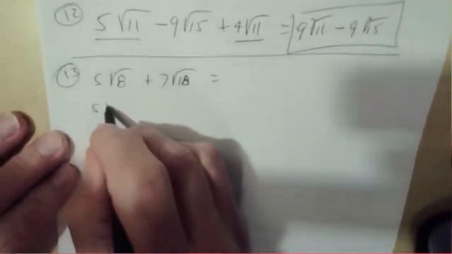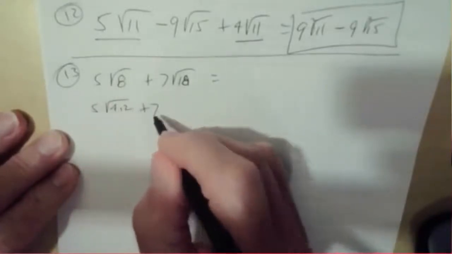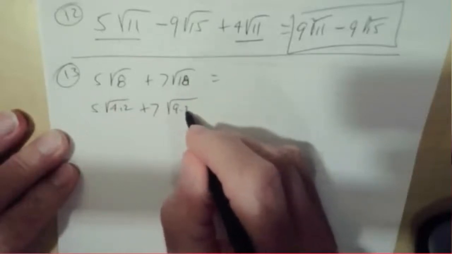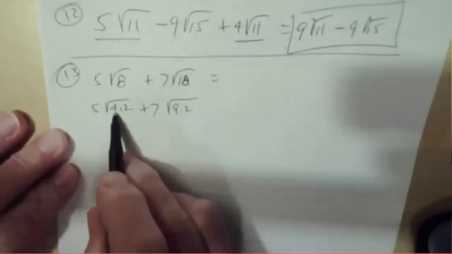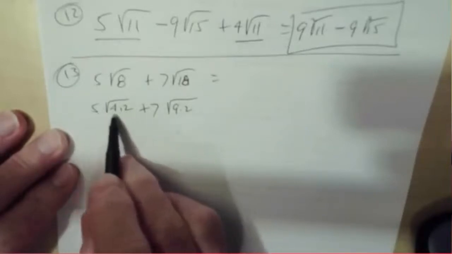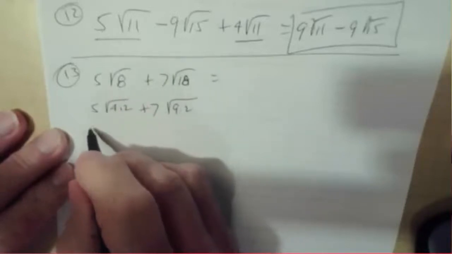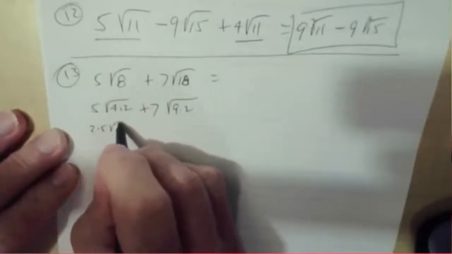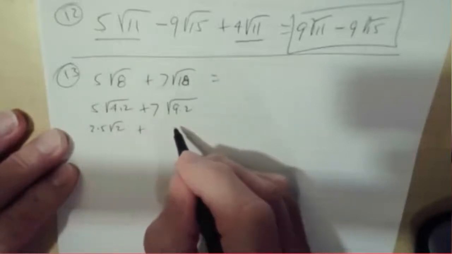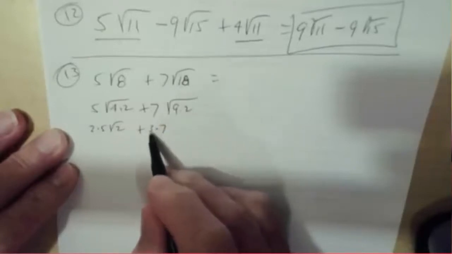4 times 2 plus 7 times the square root of 9 times 2. Now the square root of 4 is 2. Remember, everything in here is multiplication. So it's going to be 2 times 5 square root 2 plus 3 times 7. Square root of 9 is 3 square root 2.